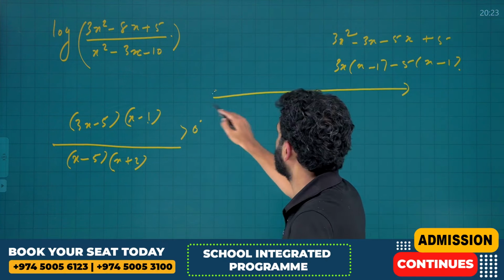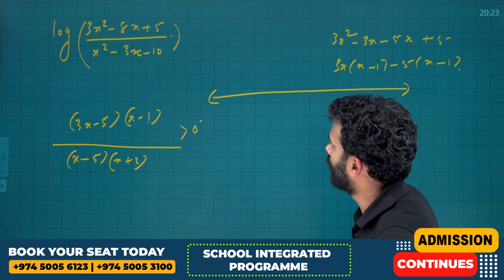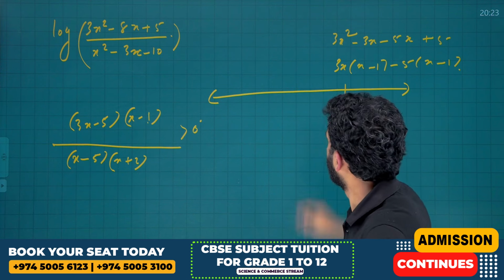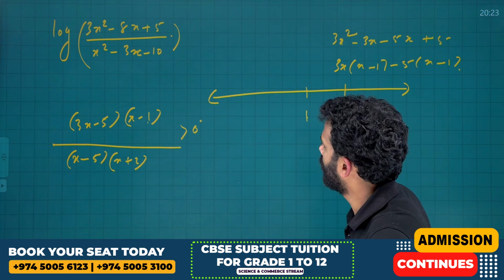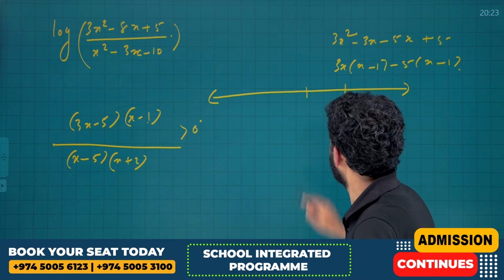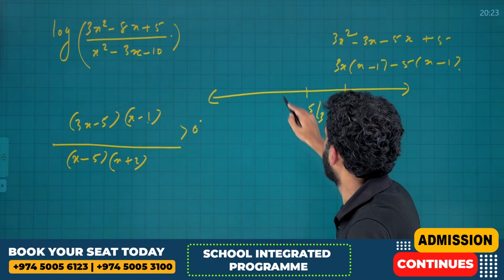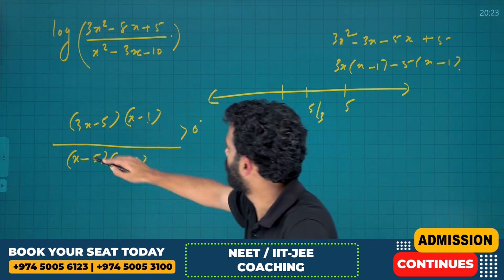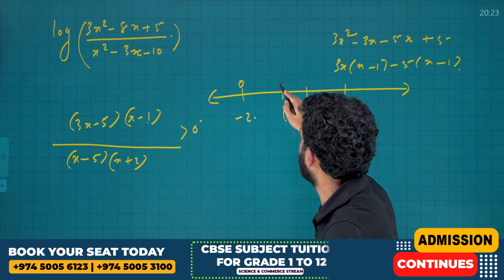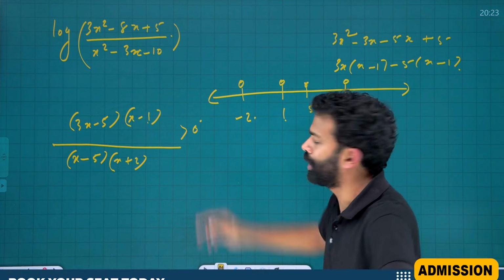We need to take all the points. The points will be 5 here and 1 here. Then 5 by 3, which will be 1 point something, right? We can put 5 by 3 here and 1 here, and minus 2 here also. We cannot take any one among these values, since it should be greater than 0.